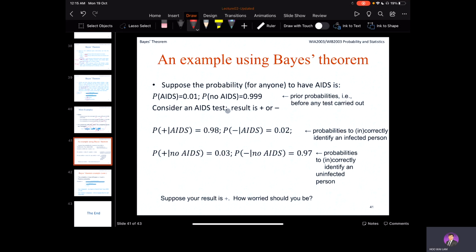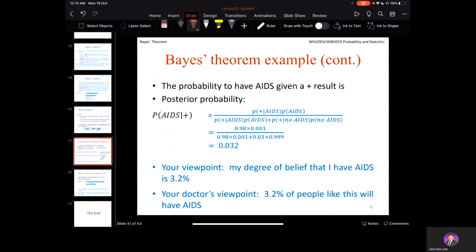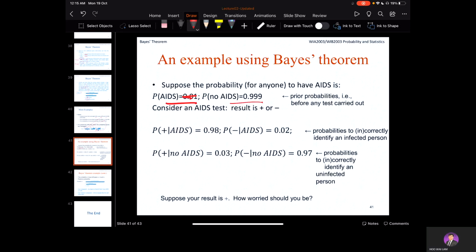The last example is on AIDS. Suppose the probability for anyone to have AIDS is 0.001, typo here, and no AIDS is 0.999. Consider an AIDS test, where the result is plus or minus.